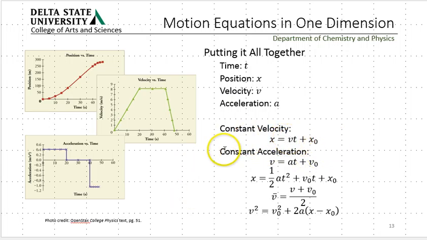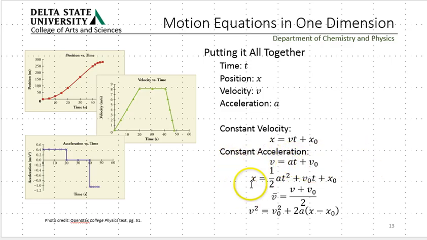So let's add in acceleration. Now if we go to constant acceleration, which is as far as we're going to go in this class, then velocity is acceleration times time plus your initial velocity. So v naught is your initial velocity, x naught is your initial position. Your velocity at any time is acceleration times time plus v naught.